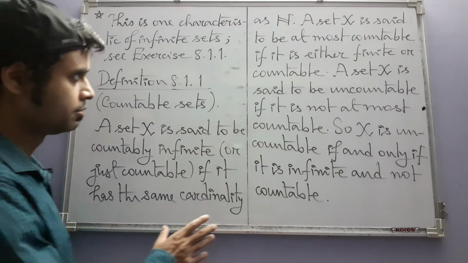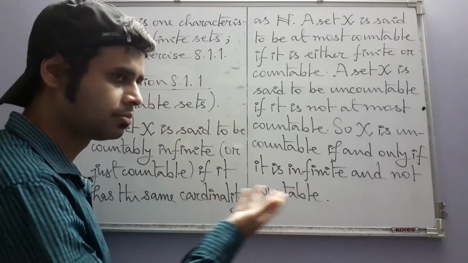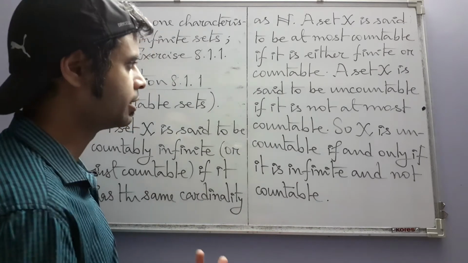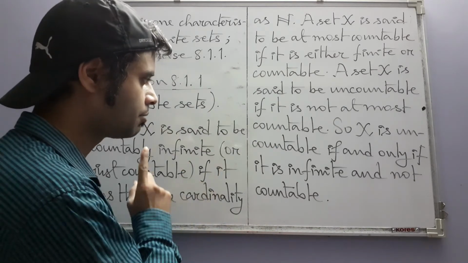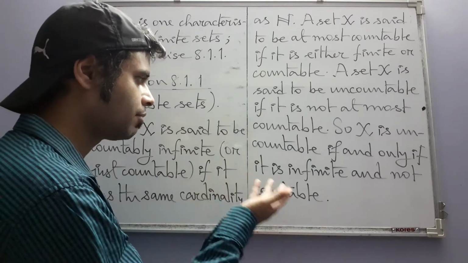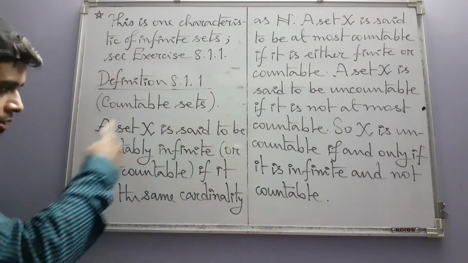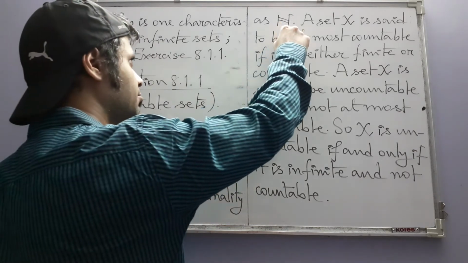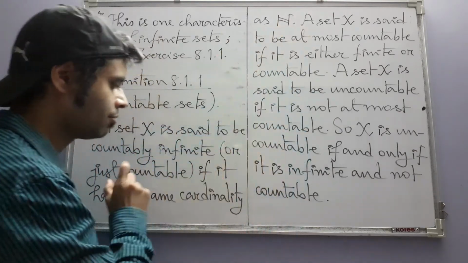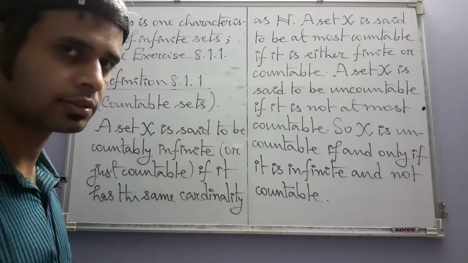Now, finite sets, of course, we have many examples of finite sets. We have already obtained an example of an infinite set, which is the set of natural numbers itself. And according to this definition, the set of natural numbers itself is also countable because there is a bijection between N and N itself.